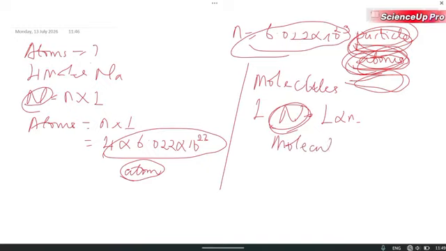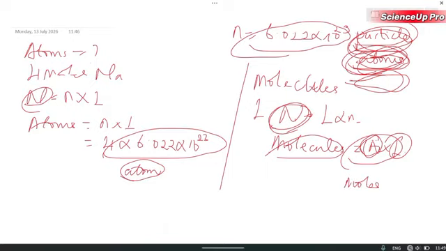You have been given the number of moles, so you substitute directly and have your answer. But don't forget the unit. An answer without a unit is no answer. The answer you have here will be in terms of molecules, so you write molecules as the unit of that answer.